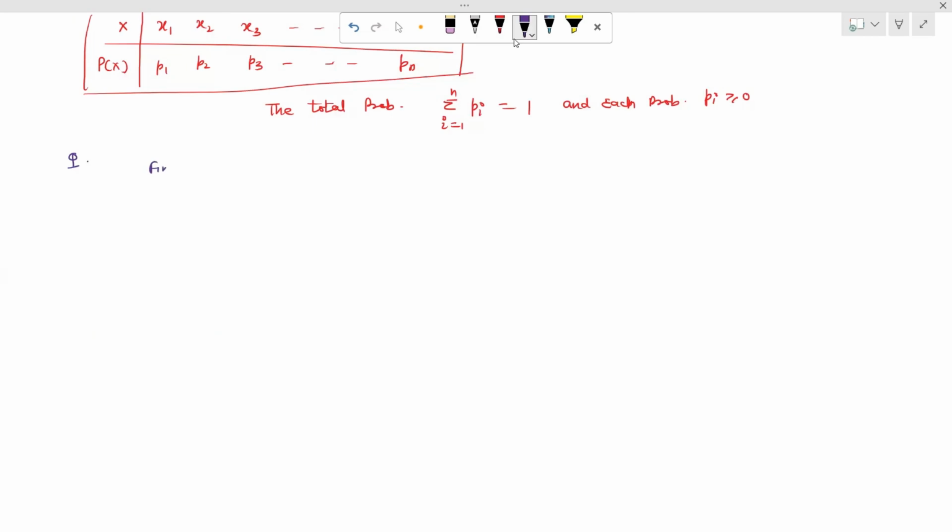Find the probability distribution of the number of heads in two tosses of a coin.